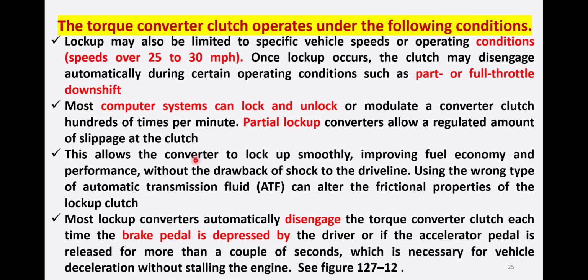This allows the converter to lock up smoothly, improving fuel economy and performance without the drawback of shock to the driveline. So this is very important. The engaging and disengaging should happen smoothly.